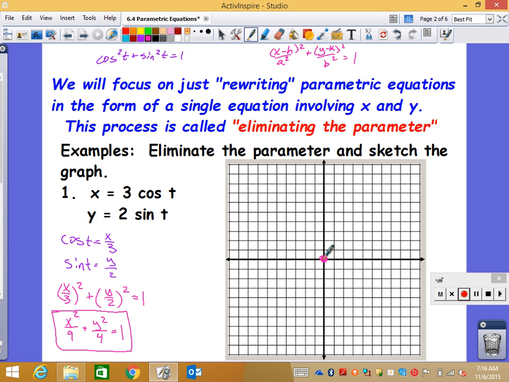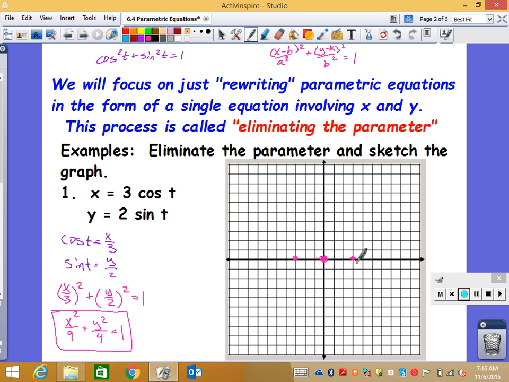Now notice these are a squared and b squared, so for my x value, I'm going to go to the left and the right a. That's the distance I'm going to go either way. In my case, for my x value here, it's all over 3 squared, so left and right, I'm going to go 3 either way: 1, 2, 3.